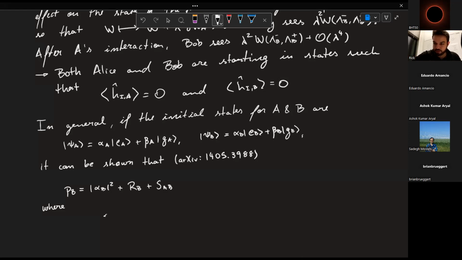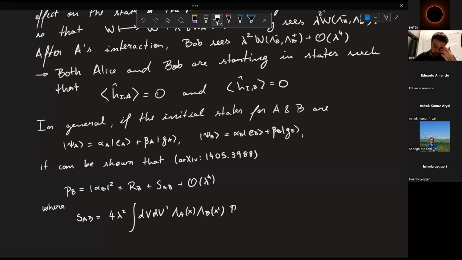where the SAB is given by 4 lambda squared, the integral dv dv prime, plus order lambda to the 4. Then here you're going to get lambda A of x, lambda B of x prime.